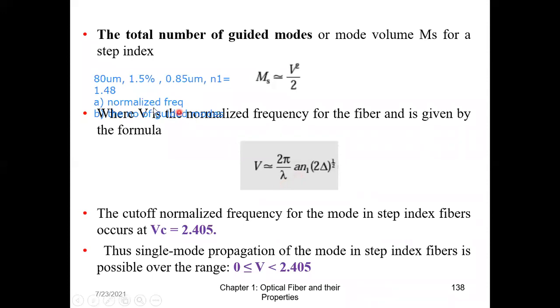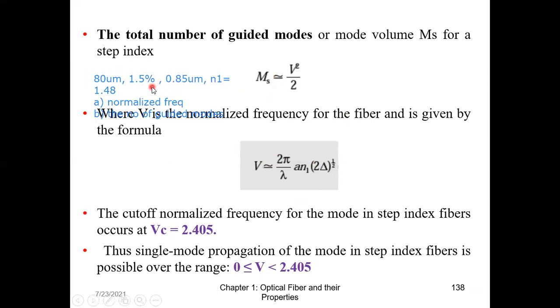The wavelength 0.85 micrometer is given to you. 2A is given as 80 micrometer, so A comes out to be 40. N1 is given to you, and delta is also there. Only remember delta is 1.5%, so you need to convert it to a normal number.